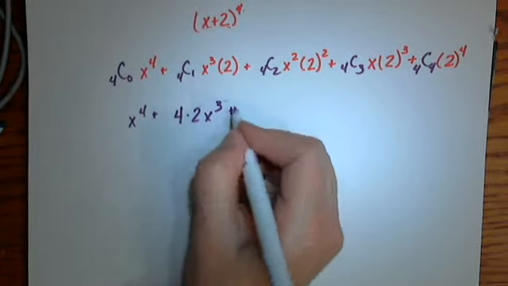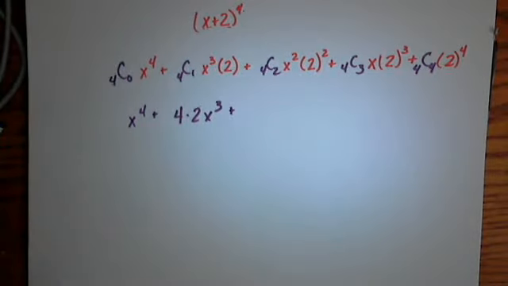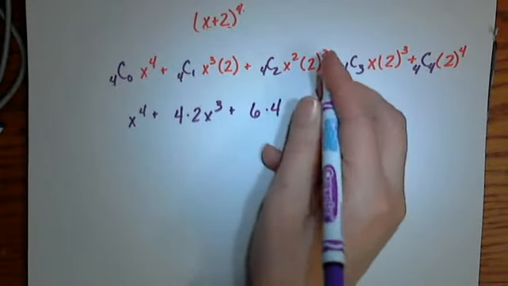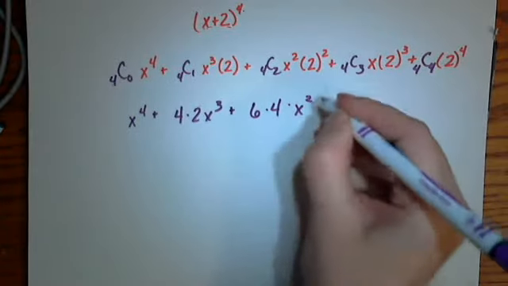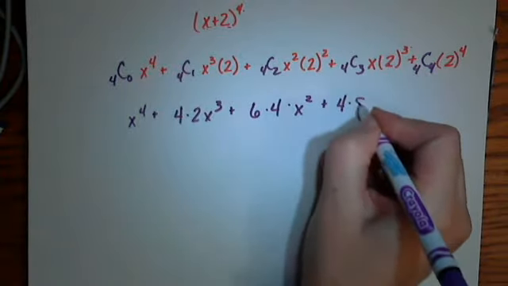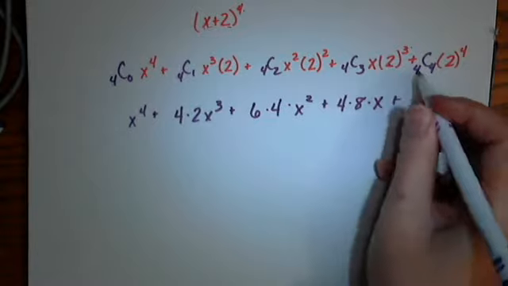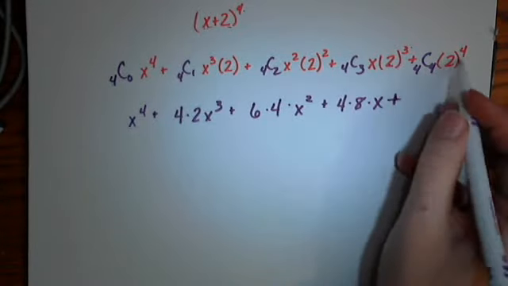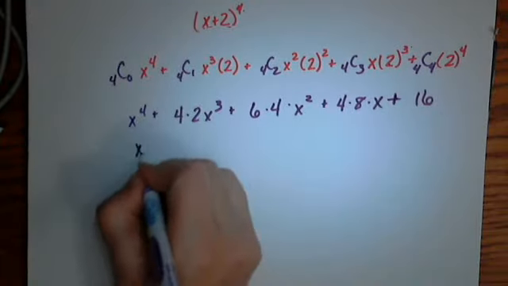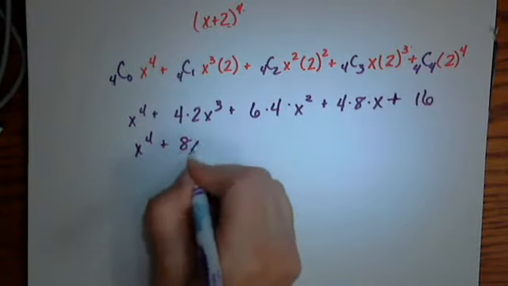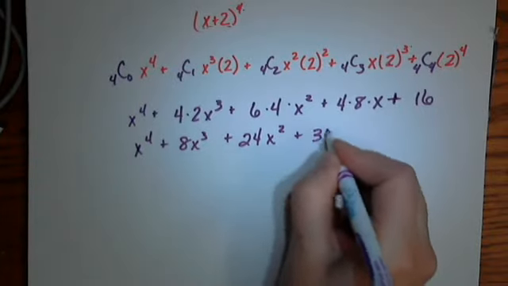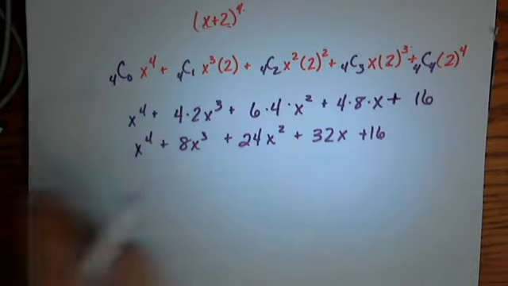What's 4 choose 2? 4 choose 2 is going to be 6, so 6 times 4, which is that 2 squared, times x squared, plus 4 choose 3, which is 4, times 2 cubed is 8 times x, plus 4 choose 4, which is 1, times 2 to the 4th, and 2 to the 4th is 16. So that gives me x to the 4th plus 8x cubed plus 24x squared plus 32x plus 16.